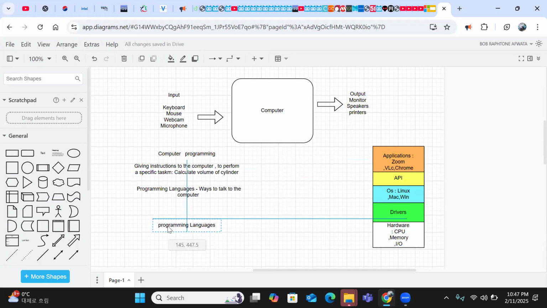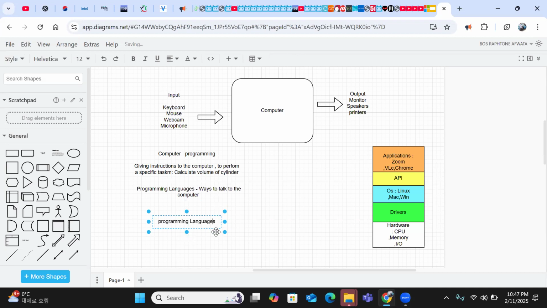I'll put it somewhere here. There is what is called low level. And if there is low level, what is the next one which you think is going to be there? Then there is middle level and then high level.